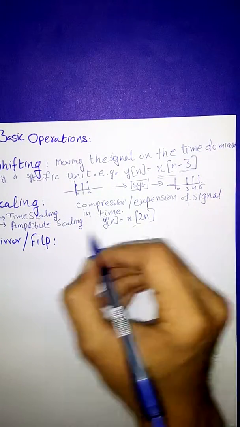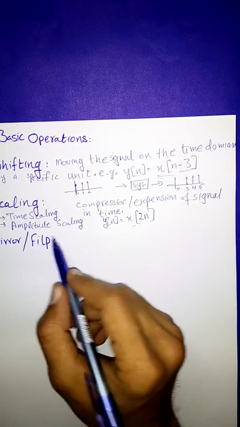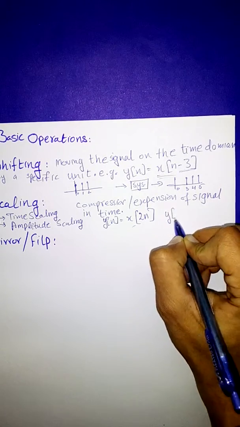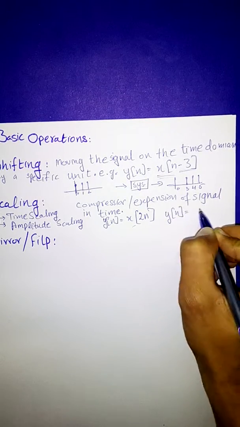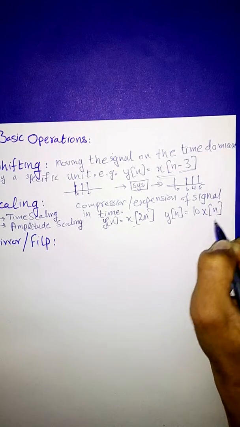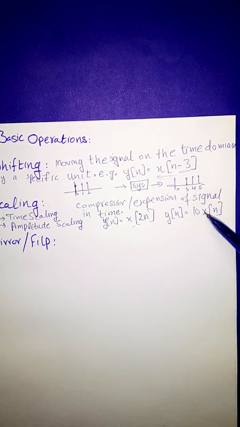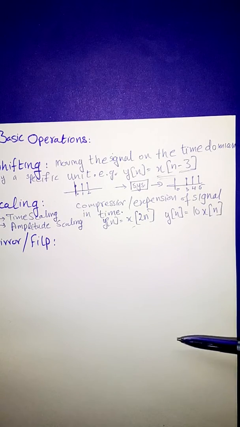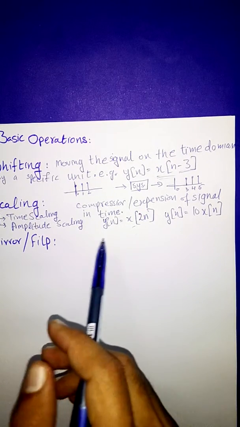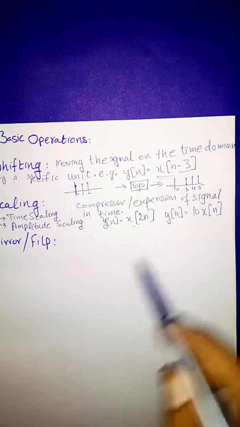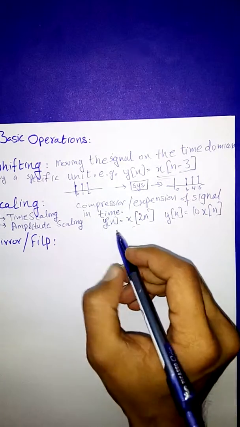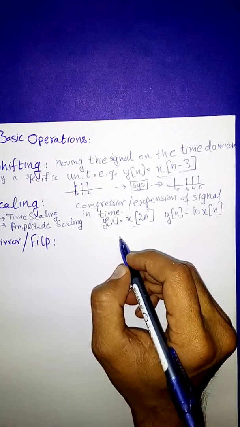The other type is the amplitude scaling, and in this scaling, I'll give you an example of this type of scaling. We have tan of x, and this only meddles with the amplitude, whilst this is responsible for compression and expansion. This increases the amplitude and decreases the amplitude, but this is the compression and expansion.